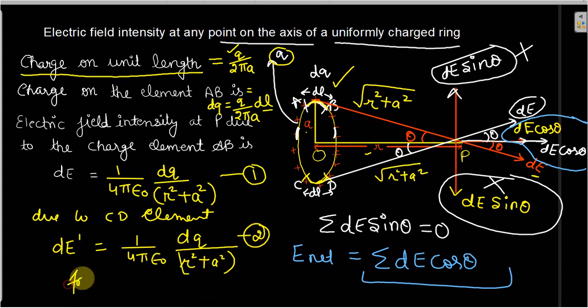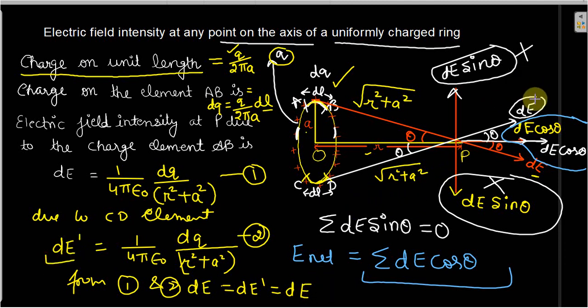So from 1 and 2, you can say dE and dE dash are equal. You can replace here dE dash, and here dE dash cos theta.